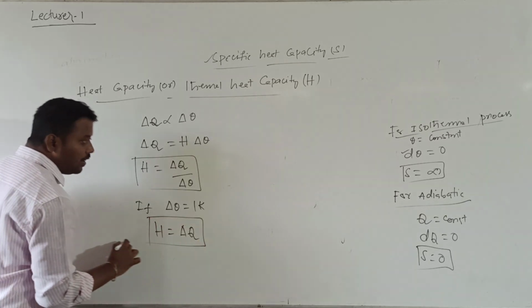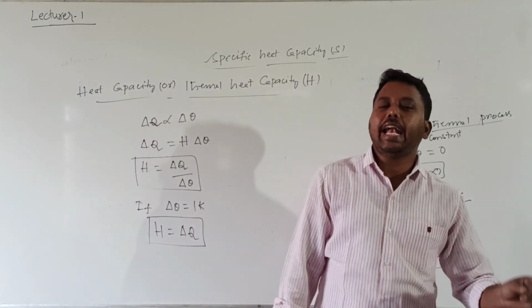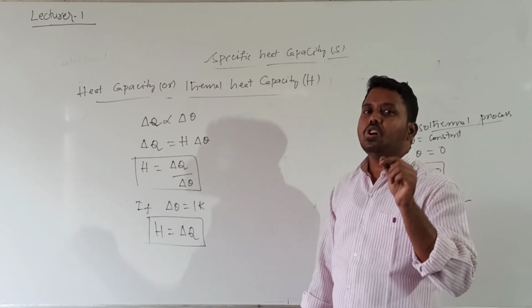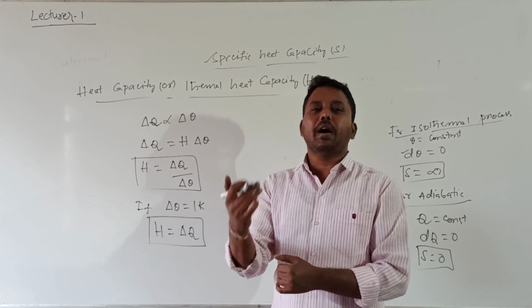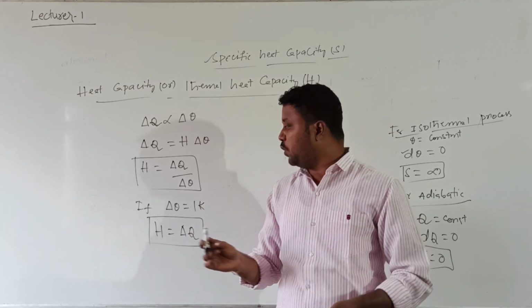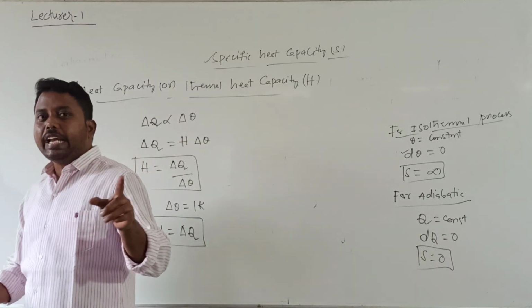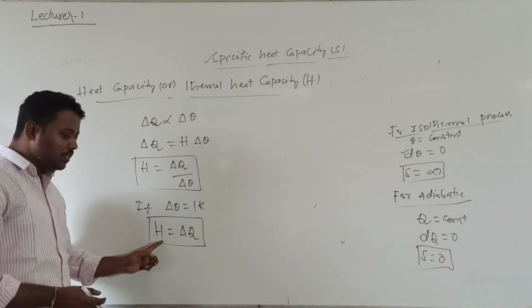So what does it mean? The heat capacity is numerically equal to the heat supplied to a substance to raise the temperature by 1 degree Celsius or 1 Kelvin. For a body of any mass, to raise the temperature by 1 degree Celsius or 1 Kelvin, how much heat is needed to supply? That heat is called heat capacity. What is understood?